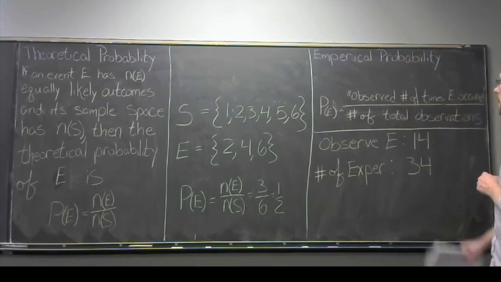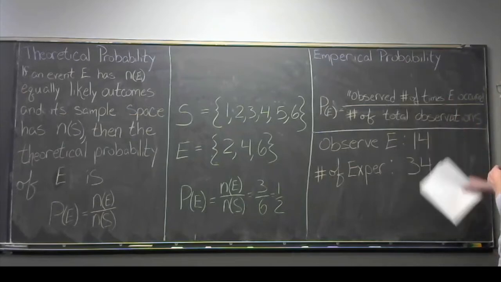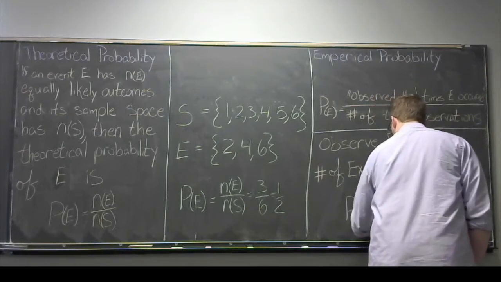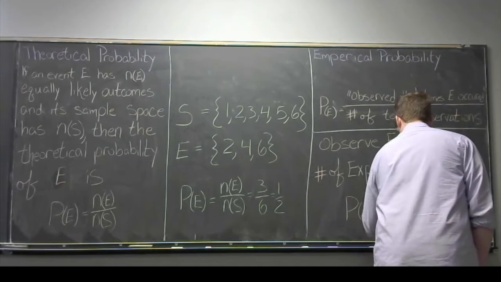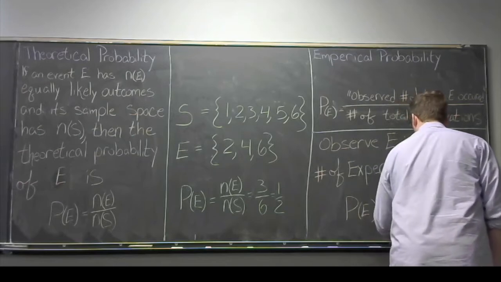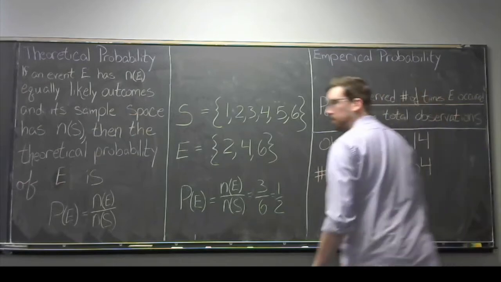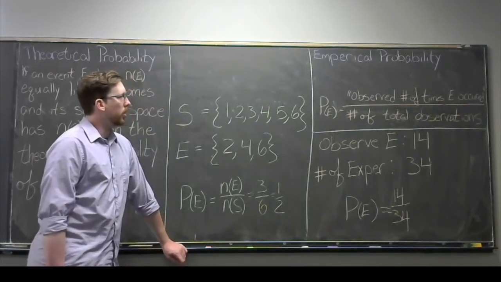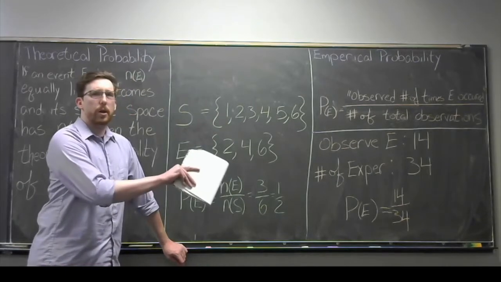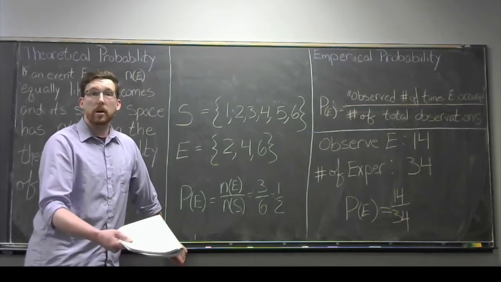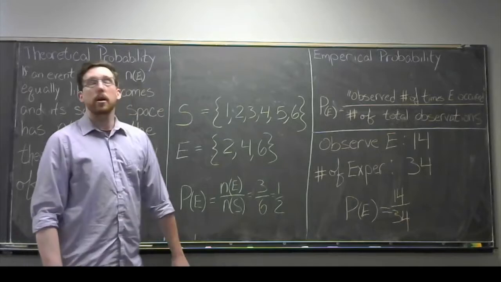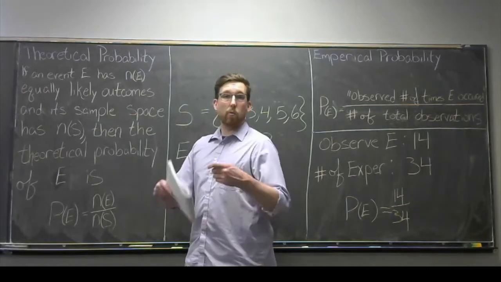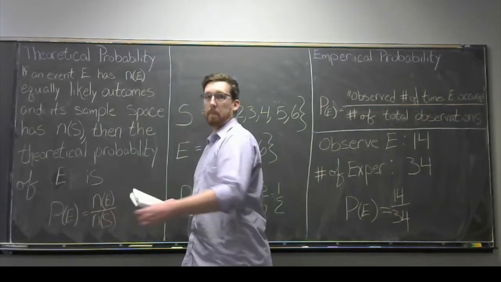Then the empirical probability of rolling an even number would be 14 out of 34. So empirical probability is the measured occurrence of a thing. And theoretical probability is the calculated occurrence of a thing. It's what we're predicting will happen.